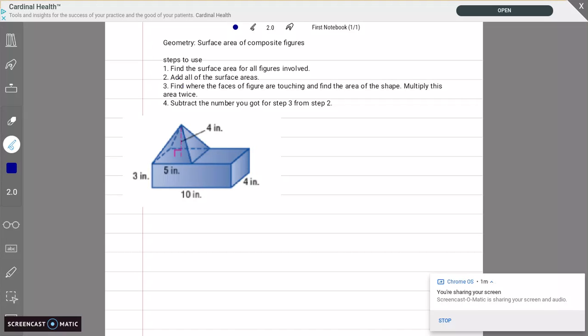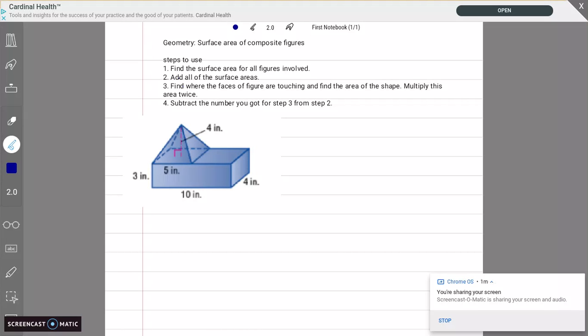The first step is to find the surface area of all of your figures involved. In this case, it's going to be a rectangular prism and a square pyramid. You're going to add all the surface areas together and get a composite surface area. I think that is a lot easier than trying to subtract pieces out as you go. Then the third step is figuring out where the two faces touch and taking that area and multiplying it twice.